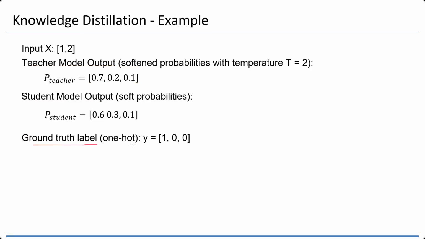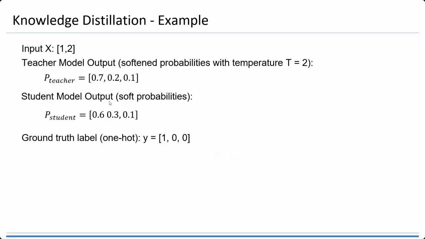We have the ground truth label, 1, 0, 0. If we use classification, this is maybe positive, this might be neutral, and this might be negative. So let's suppose there are 3 labels.